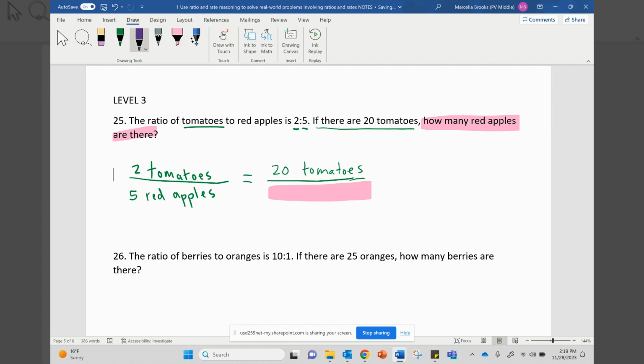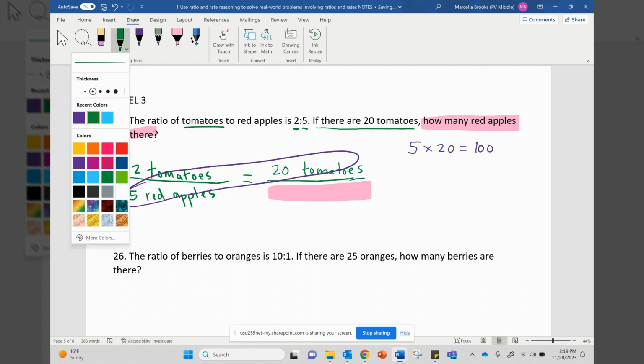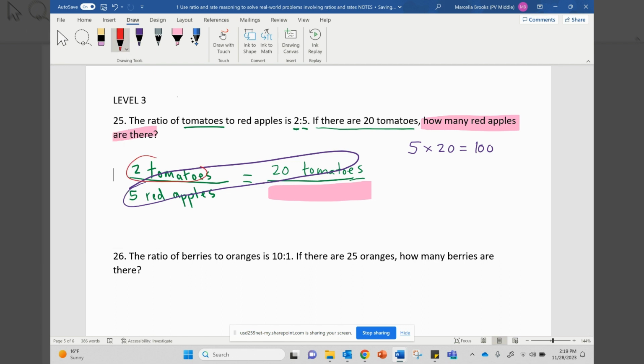So we do what we do with proportions. We cross multiply the two numbers we do have. So 5 times 20 equals 100. And then we divide by the only other number we have, which is 2. So 100 divided by 2 gives us 50.